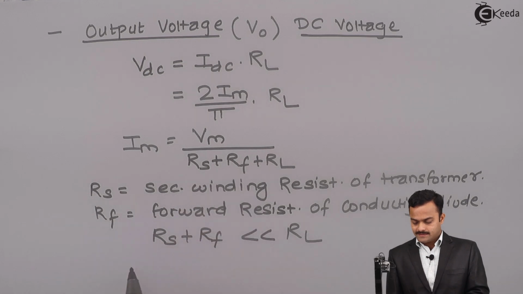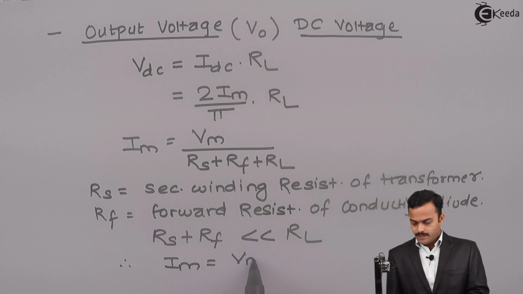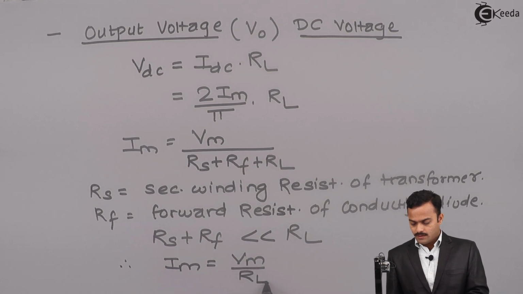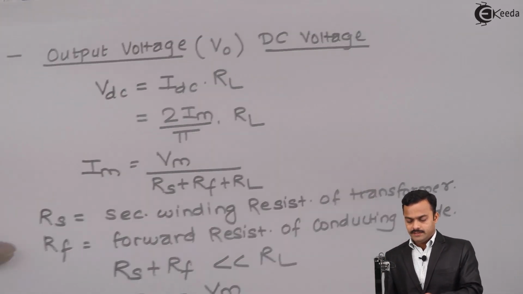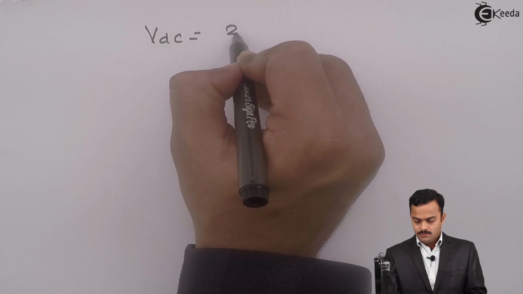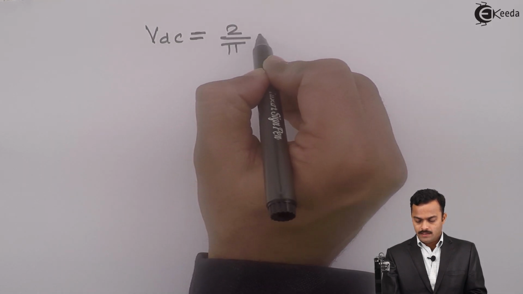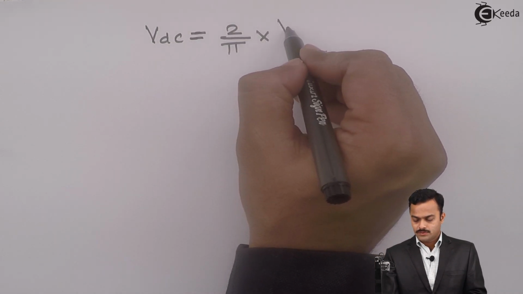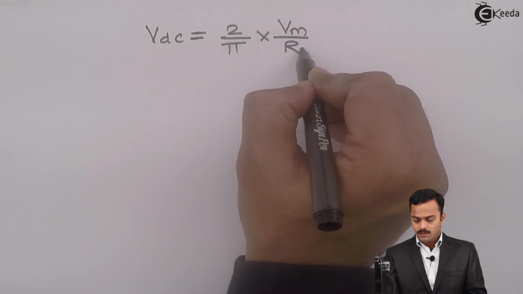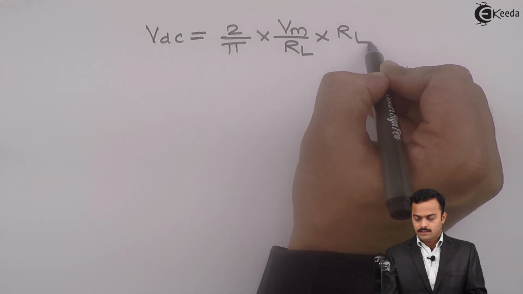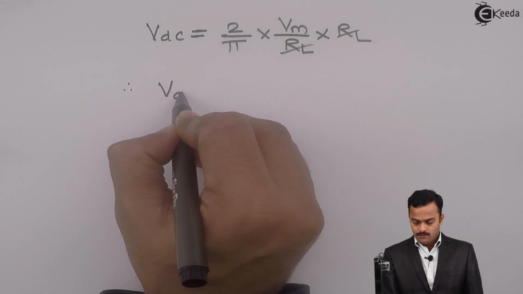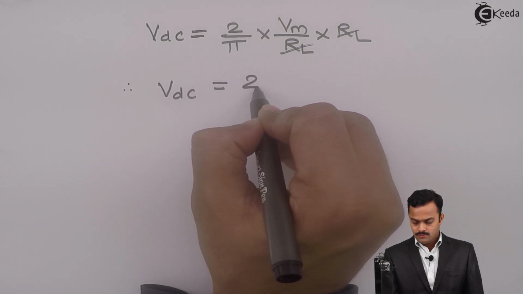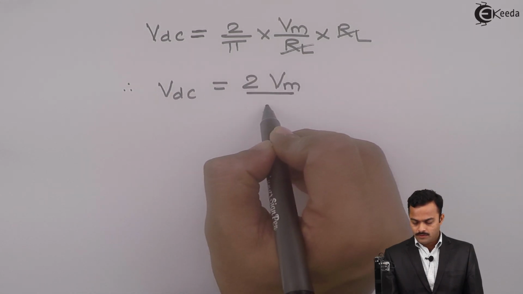So, I can neglect these and I can get Im as Vm upon RL. Let us substitute this value over here, we will get VDC as 2 upon pi, instead of Im I will substitute Vm upon RL multiplied by RL. So, this RL will get cancelled and finally I will get VDC as 2 Vm upon pi.